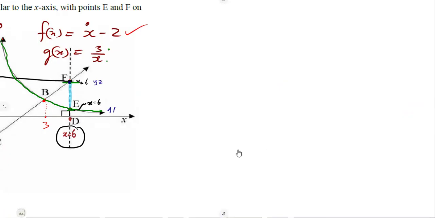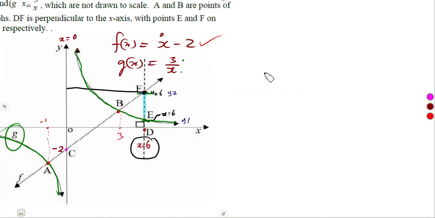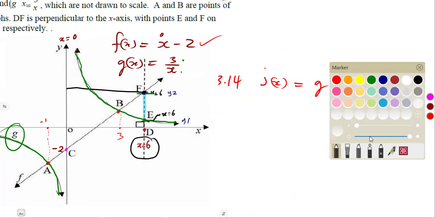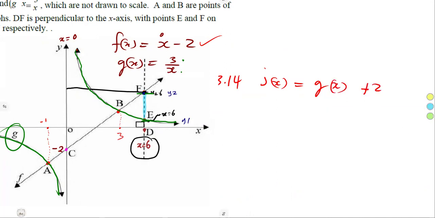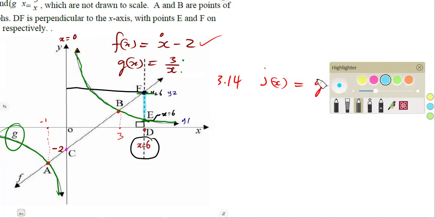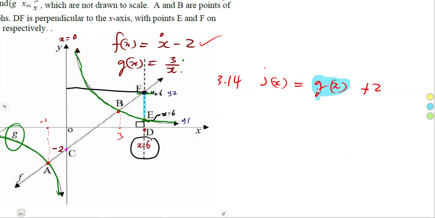They are saying there is an equation that we are supposed to have for Gx, but it is supposed to be written in this form, for Jx as Gx plus 2. We already have this one, guys. It's already there, the Gx. So if it is already there, simply substitute it. Simply replace it with its equivalent, because it's already there.